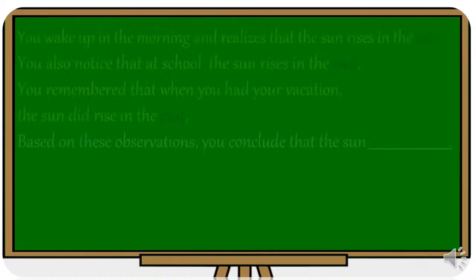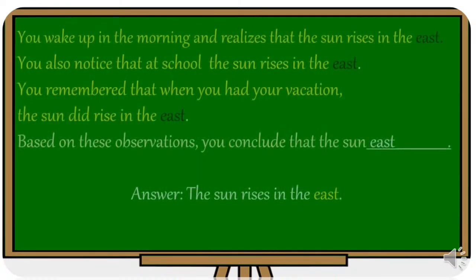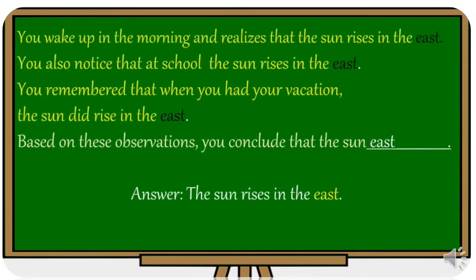Based on these observations, you conclude that the sun? Yes, very good. The sun rises in the east. We conclude that the sun rises in the east because wherever we go, whatever direction we take, the sun always rises in the east.